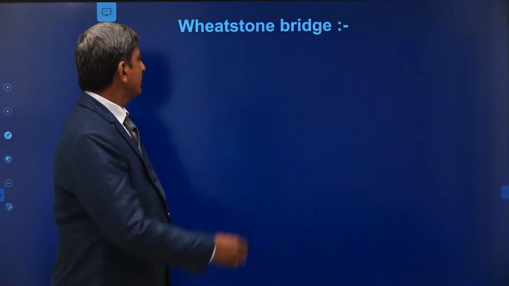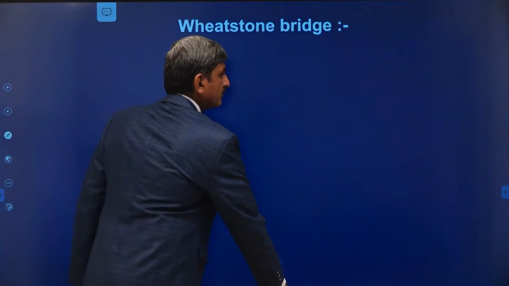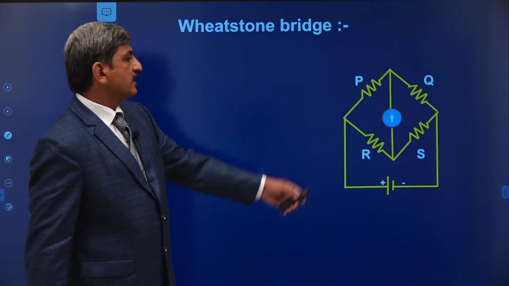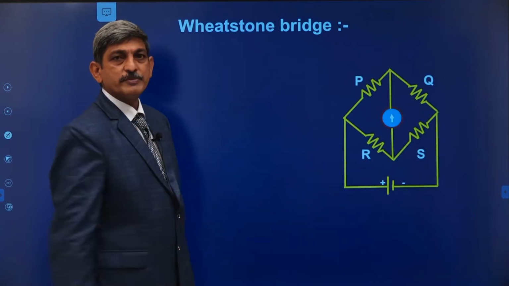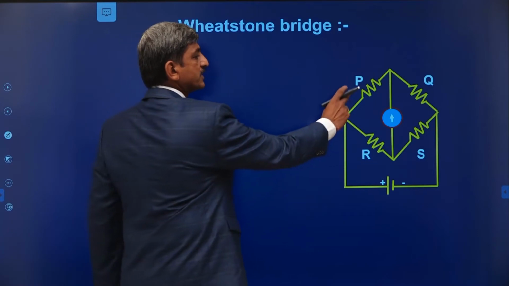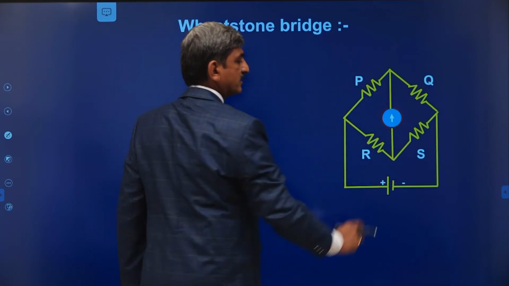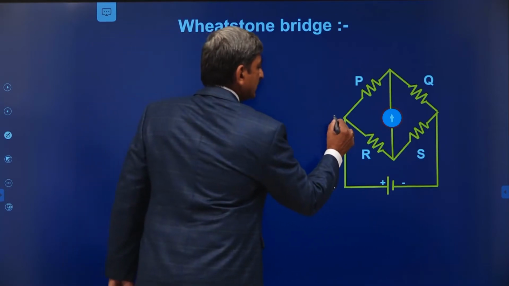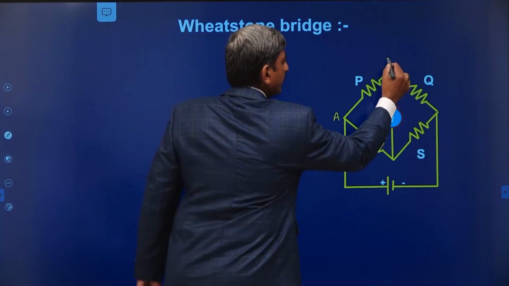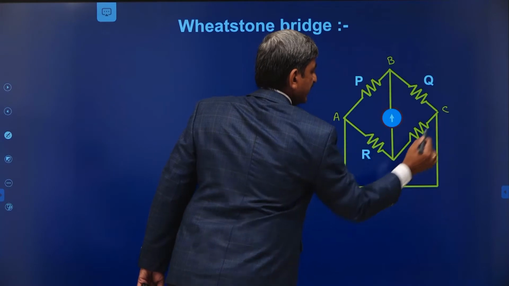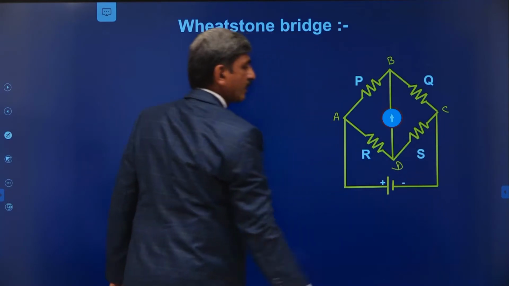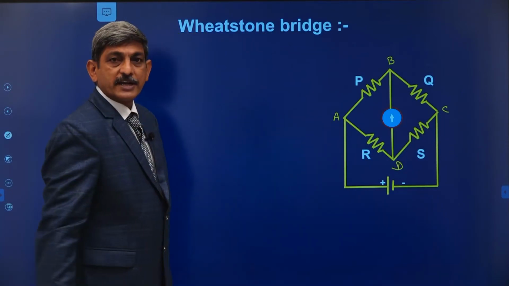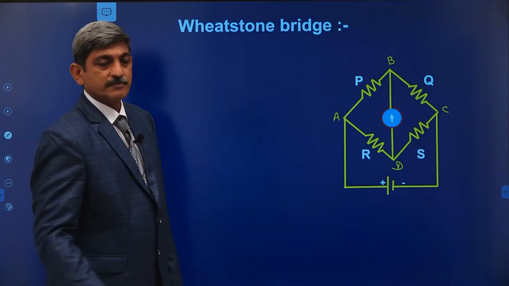First, come to the Wheatstone bridge. Look at the screen. You know that the Wheatstone bridge consists of 4 resistors P, Q, R, S. Suppose these are the points A, B, C, D. Different currents are passing through the different branches.